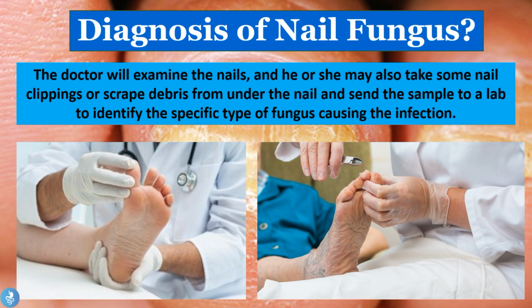So usually when the physical examination is done and we examine the nails closely, we can put the clinical diagnosis of a fungal nail infection or onychomycosis. But if we would like to identify the specific type of fungus which is involved in the infection, we can use some nail clippings, or we can scrape some debris off the affected areas and send them to a lab for further testing so that we can find out the specific fungus responsible for causing the infection.